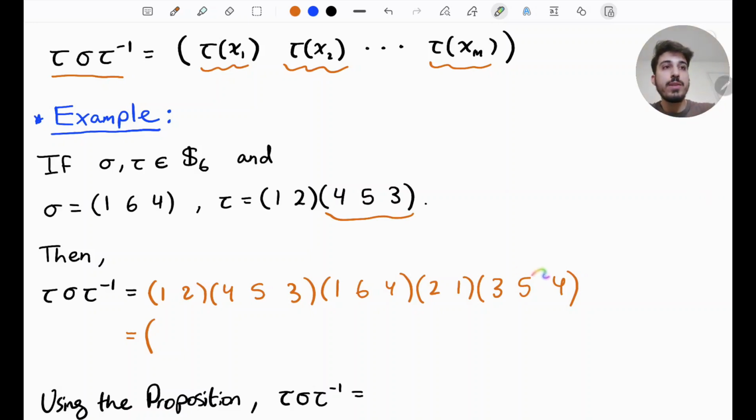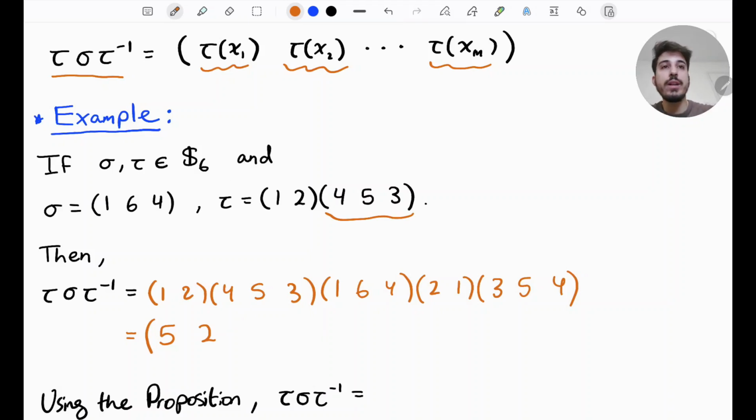What about if we start with 5? So let us start with 5. And we say that 5 is sent to 4, and 4 is sent nowhere here, 4 goes to 1, and 1 goes to 2. So 5 goes to 2.